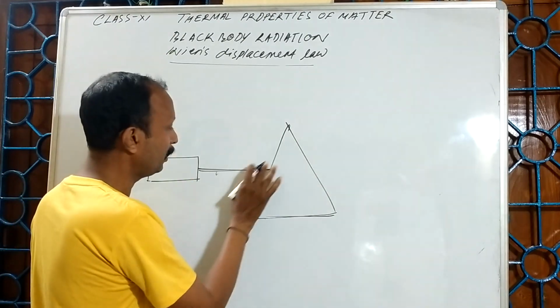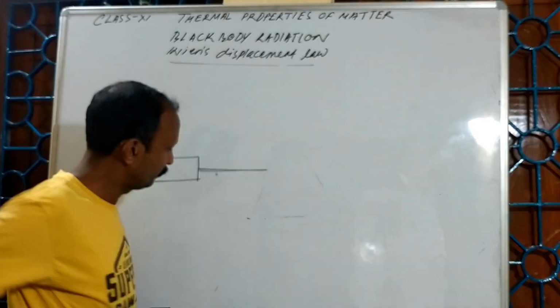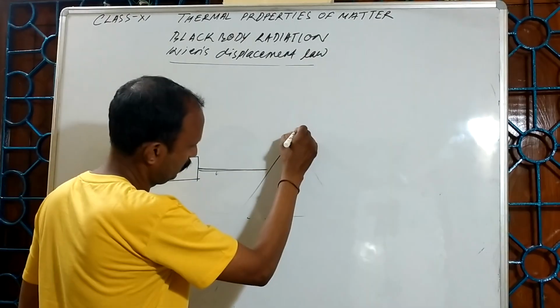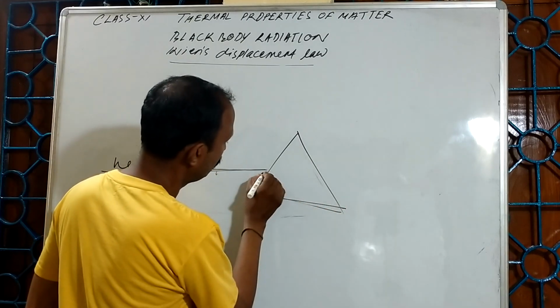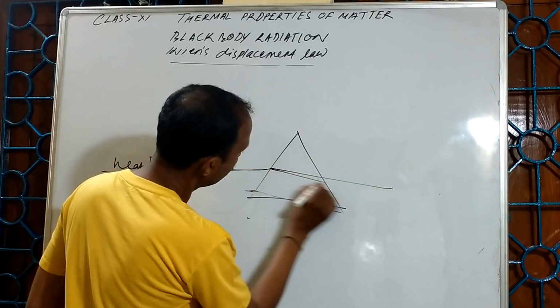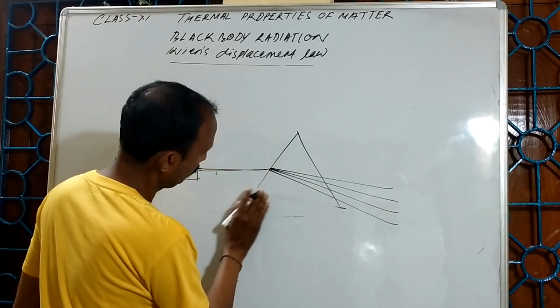If this light ray passes through this prism, what happens? The ray starts bending.